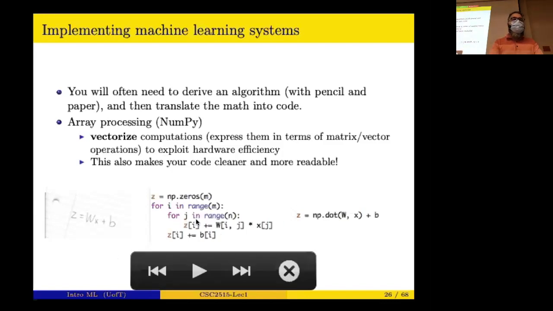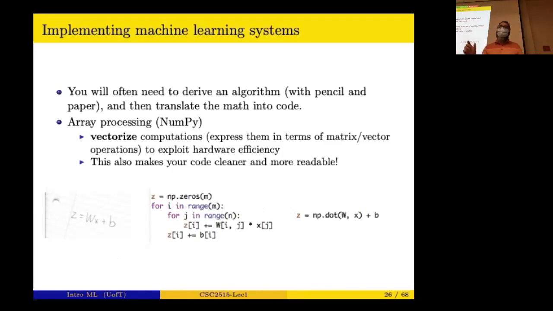So for example, we can write the multiplication of a matrix and a vector with some for loops. But we can also use NumPy's dot command to do it much nicer and also much faster in Python. If you wanted to write this in C or C++, that wouldn't matter.